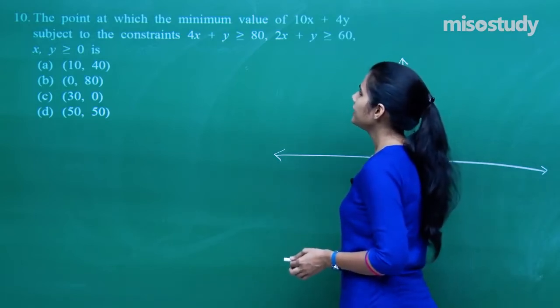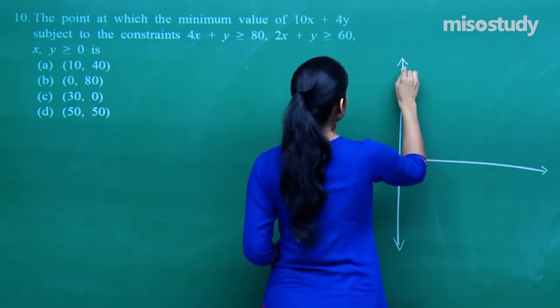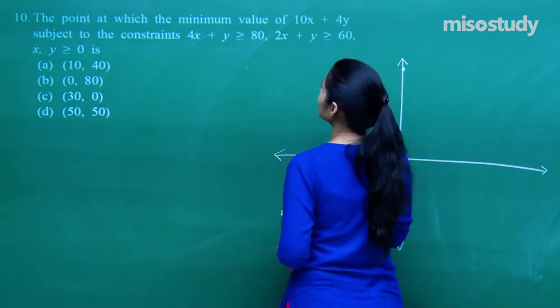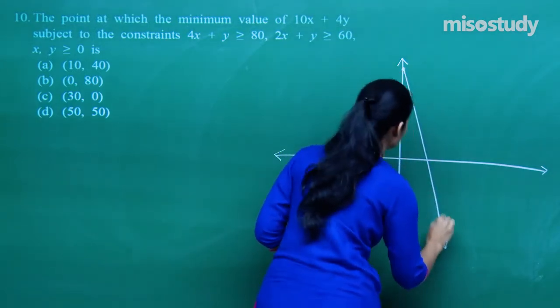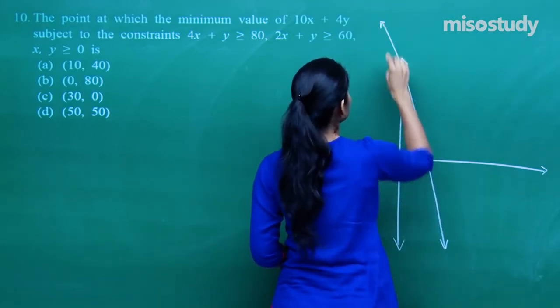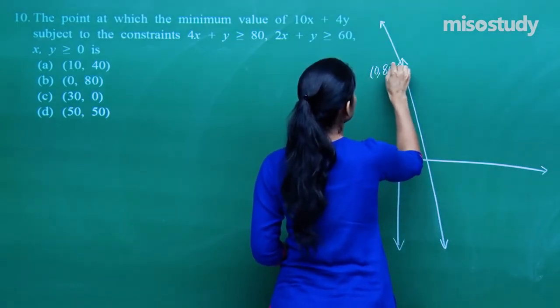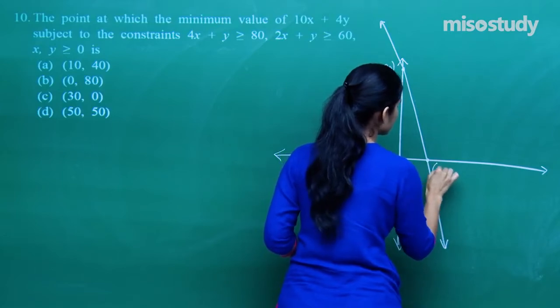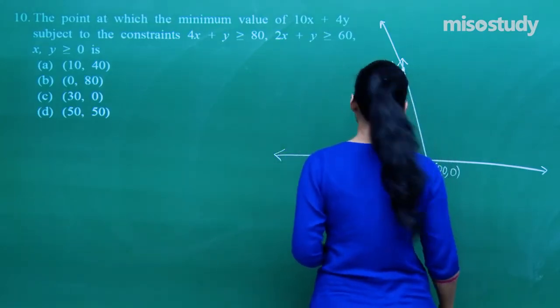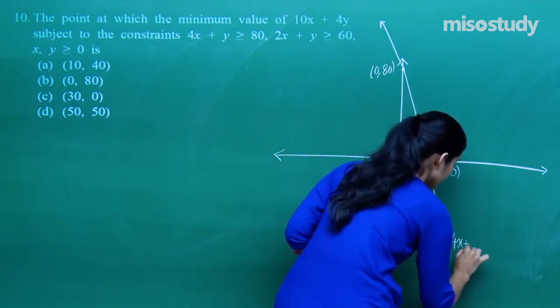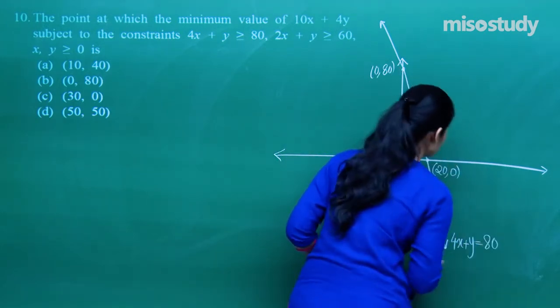When x is 0, y is 80, and when y is 0, x is 20. So you get 0 comma 80 and 20 comma 0.